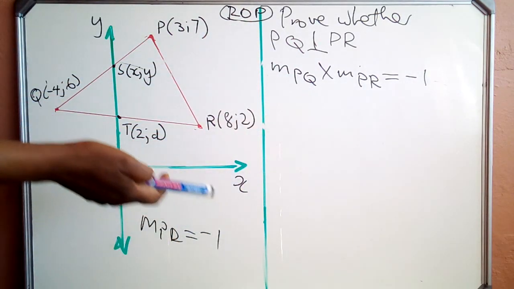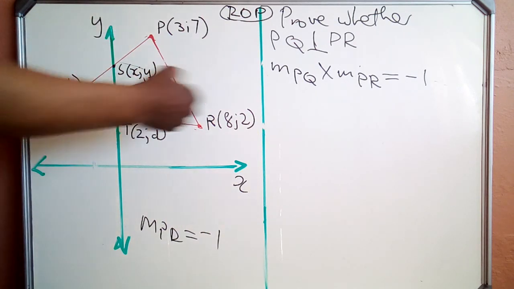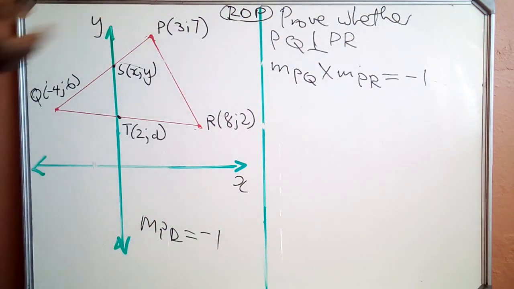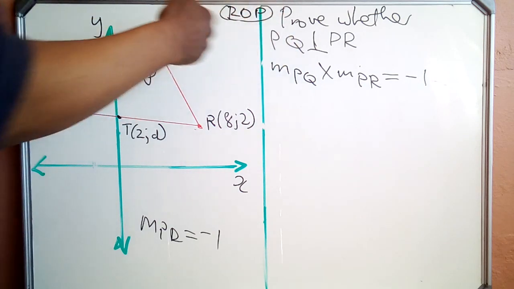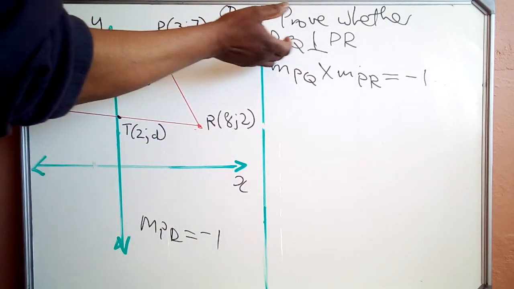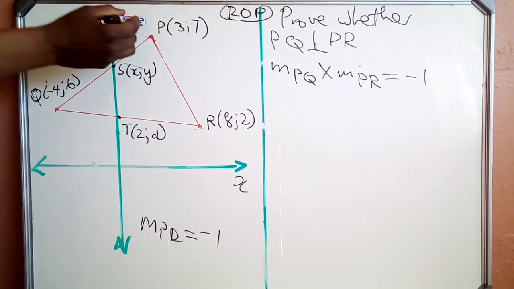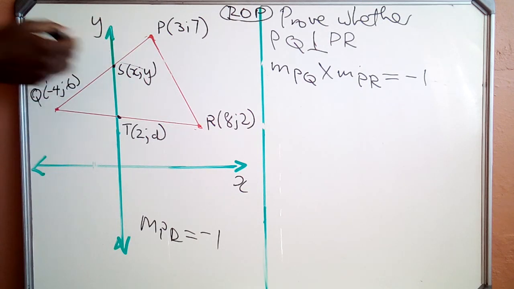So what we need to do is find the gradient of PQ, multiply it by our gradient, and if we get -1, then we have proved that it is true, or otherwise false. So we want to see whether PQ is perpendicular to PR. So let us calculate the gradient of PQ.